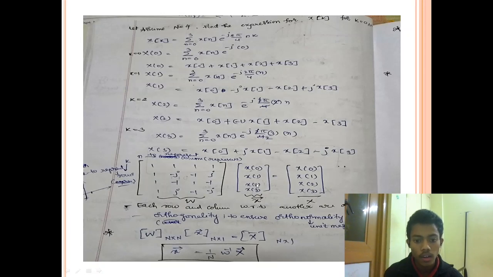Basically it is a linear transformation of x with the W matrix, which gives rise to the DFT, where W is e to the power minus j 2 pi by N into nk. I can write the same linear transformation as W into the signal gives my discrete Fourier transform. If I want to compute the small x of n, I can use this relation, where W inverse is just the transpose and complex conjugate of this matrix.